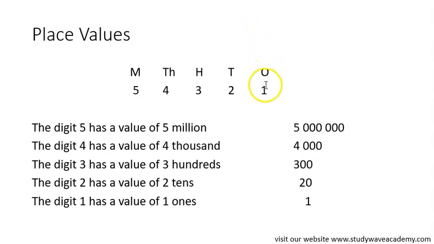We have here the ones, the tens, hundred, thousand, and millions. So the digit 5 has a value of 5 million. It represents 5 million. And remember, million has 6 zeros. Then the digit 4 has a value of 4,000.